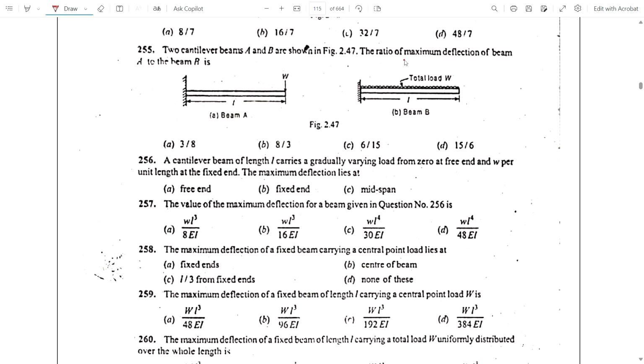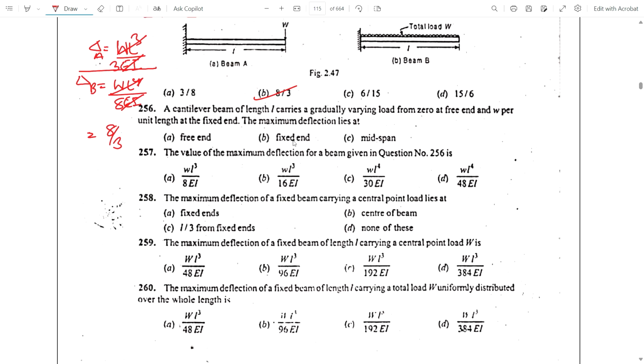What is the ratio of maximum deflection of A to B? For beam A there is no UDL, there is a point load, so del is equal to W L cube by 3EI. Now calculate del B, where UDL is present: W L to the power 4 by 8EI. If we divide them, the terms cancel, and 8 by 3 will be the answer.